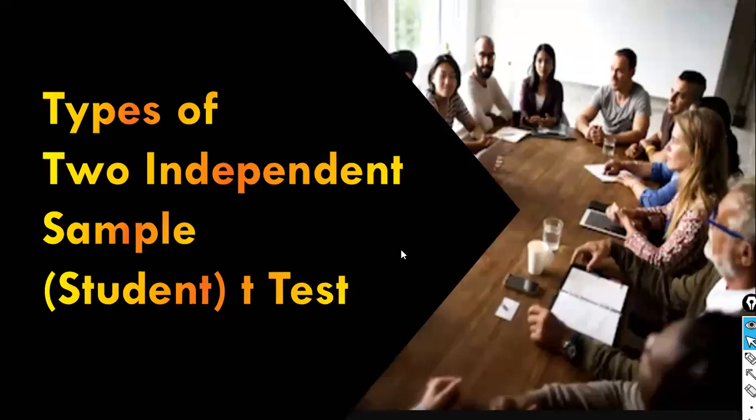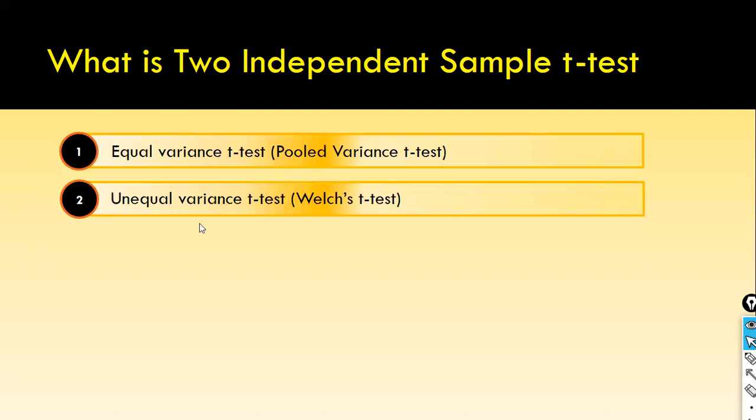Within the two independent sample t-test, there are two types: the equal variance t-test and the unequal variance t-test. What do you mean by variance? What is equal variance? Just remember the image. There are two different populations, and we have drawn a sample from each, but the variances of these two populations are similar.